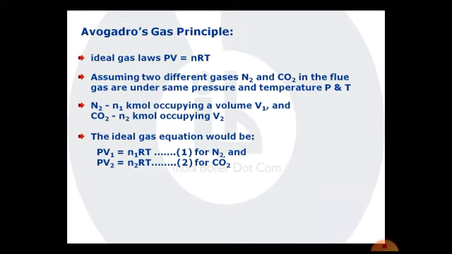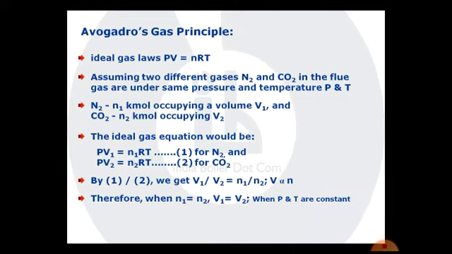Now algebraically, if I divide these two equations, 1 by 2, I can cancel out the P, R and T from both sides. Therefore, the equation will become V1 by V2 is equal to N1 by N2, which tells us that the volume is proportional to the number of molecules when the pressure and temperature are constant.